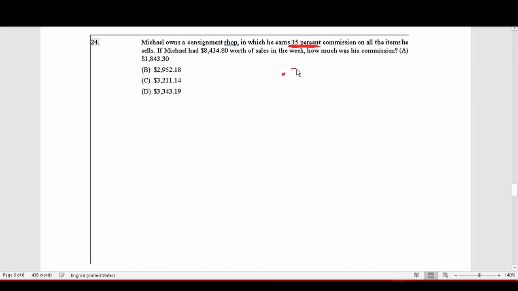That would be 0.35. Okay. So what we're going to do is 8,434.8. We're going to multiply that by 0.35 to find out how much his commission was.